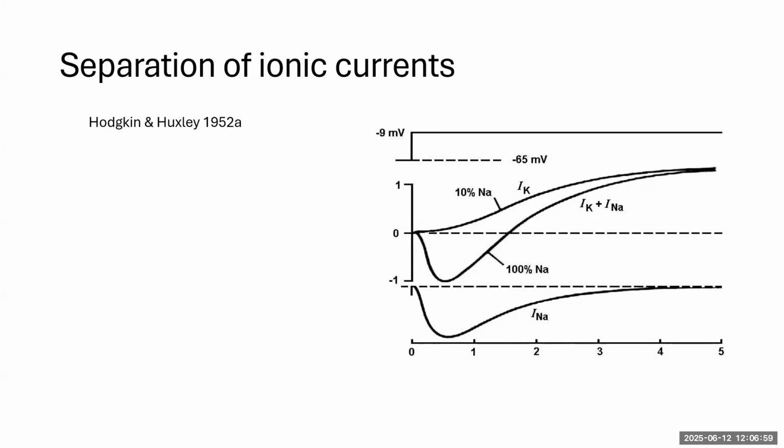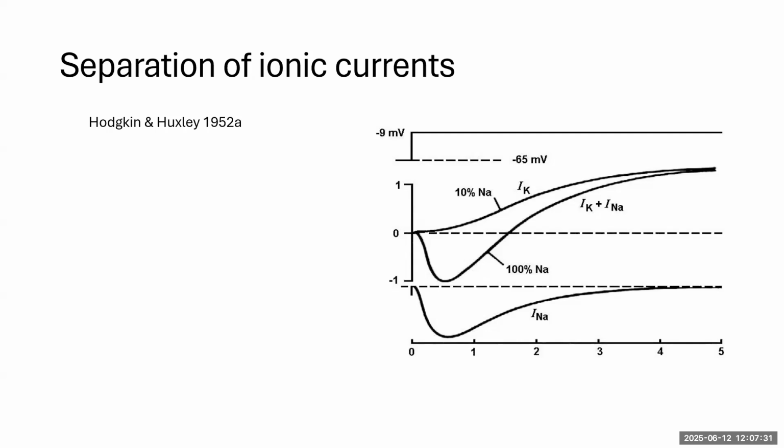And then you also measure the current with potassium and sodium both present, 100% sodium, full sodium. And then if you subtract this no sodium current from the sodium potassium current, you know that the potassium current is constant between these two scenarios. That is an assumption that sodium and potassium currents are independent of each other. So if you then subtract the low sodium current, that is the potassium current, then you have the sodium current.